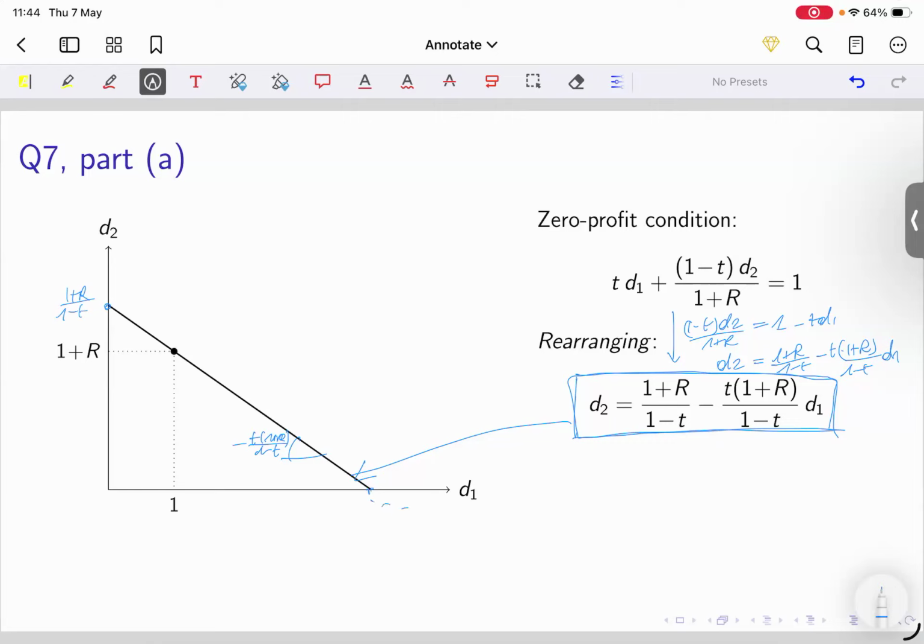But importantly, and you can substitute within this equation as well, you will see that this point here is giving me 1 in period 1 and 1 plus R in period 2. This reflects the position of the household without the bank, without entering the contract.